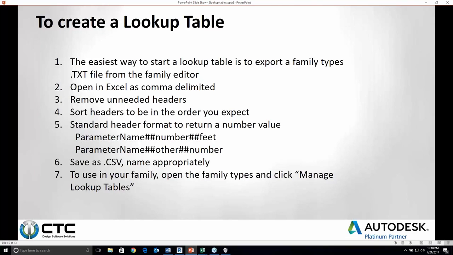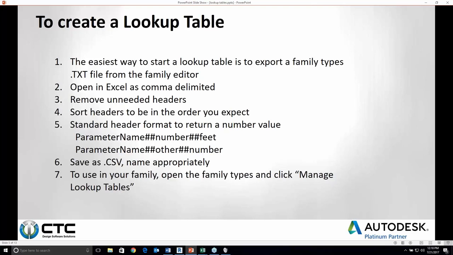We just want to pare that down to whatever it is we need, what we're going to look for, and what we're going to drive. Then we sort those headers starting at column B and working to the right, in the order that you expect to utilize them.